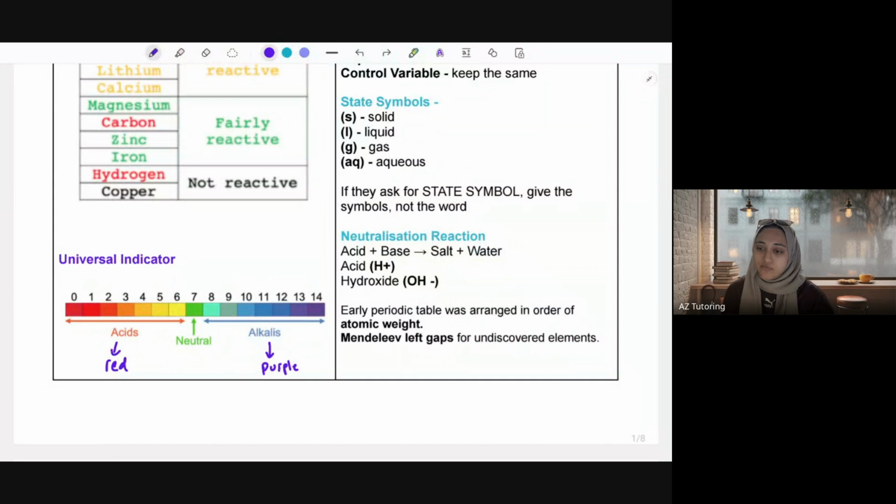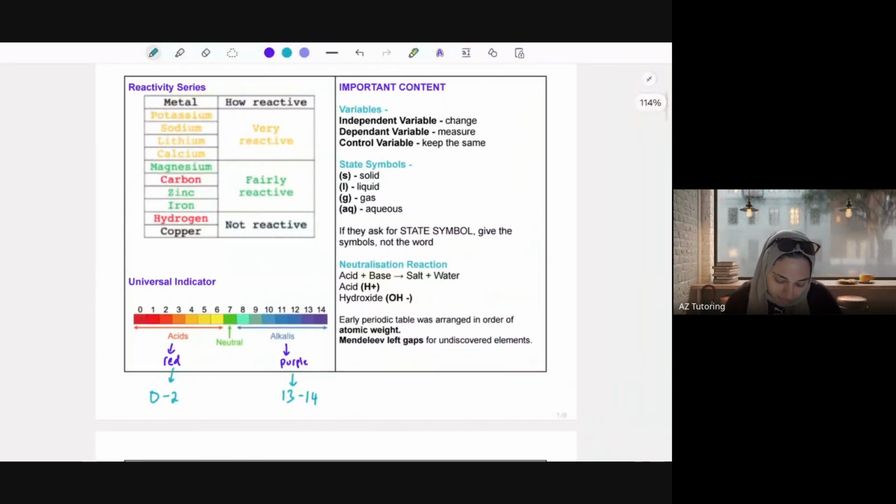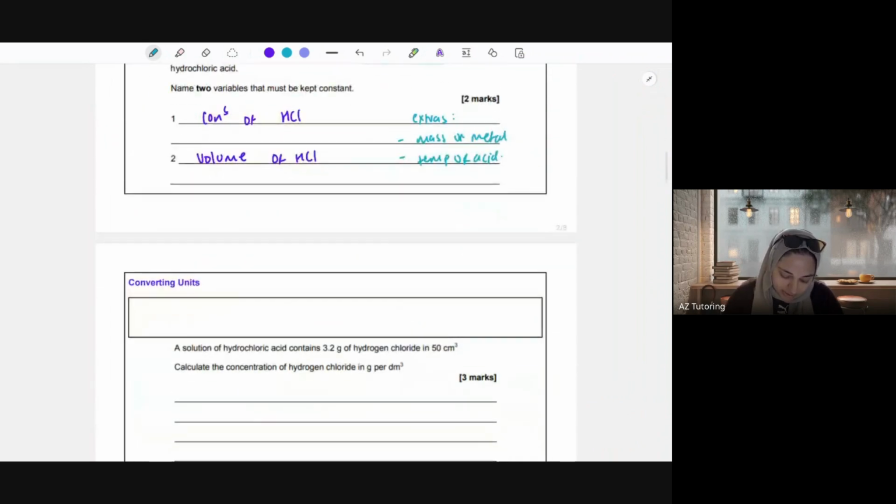If they ask in terms of numbers, if you've got an acid, say a number between 0 and 2, so don't go any higher than that. The mark scheme only tends to accept an answer between 0 and 2. And likewise with alkalis and bases, just give a number between 13 and 14. So just give the ends of the spectrum. Something being neutral, I guess, just 7. Okay, so that's the universal indicator.